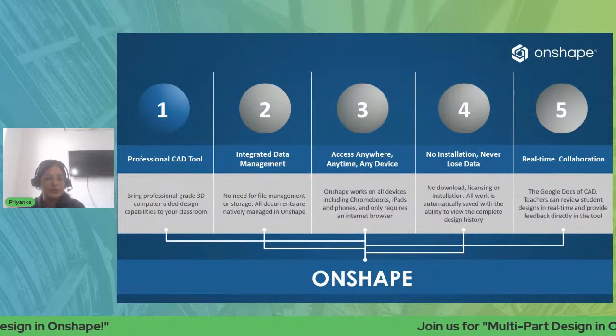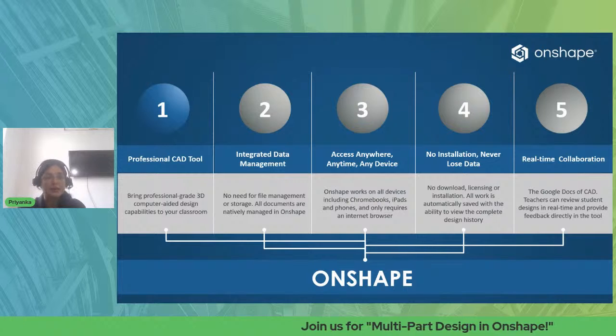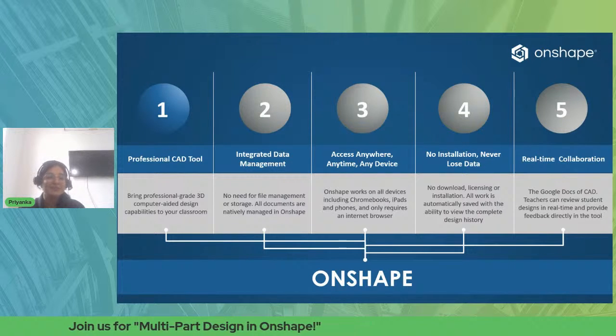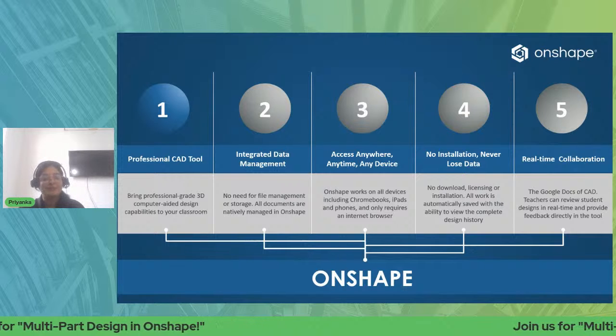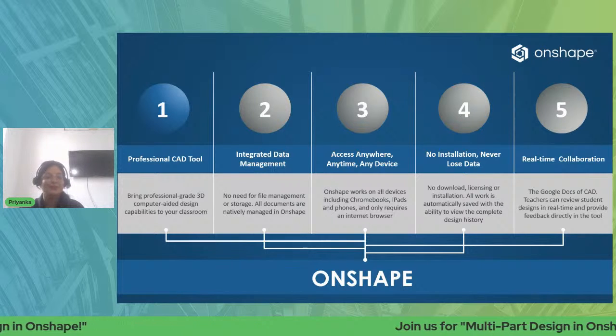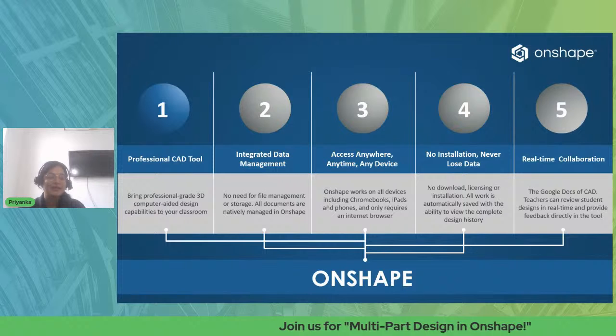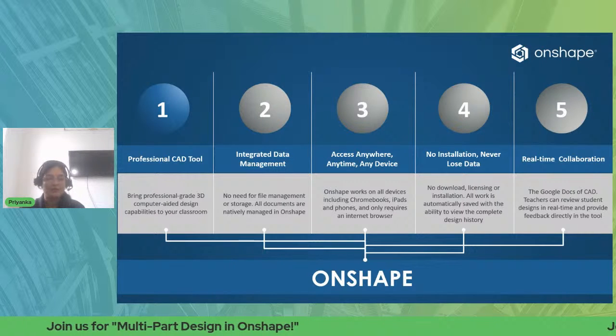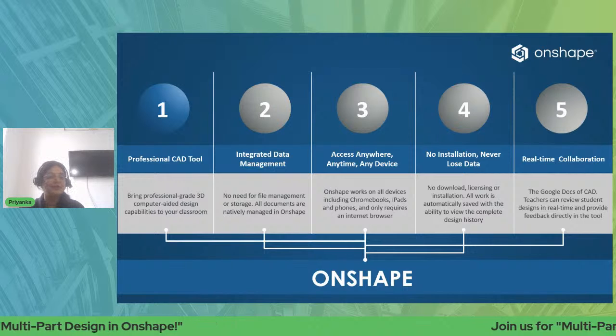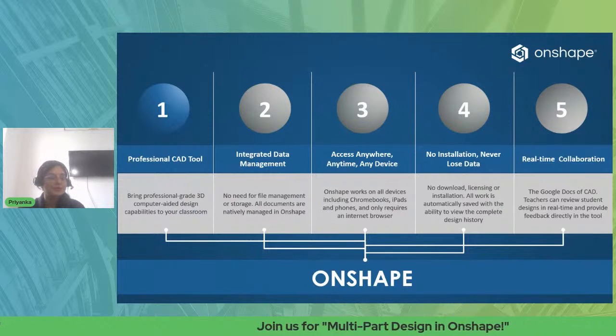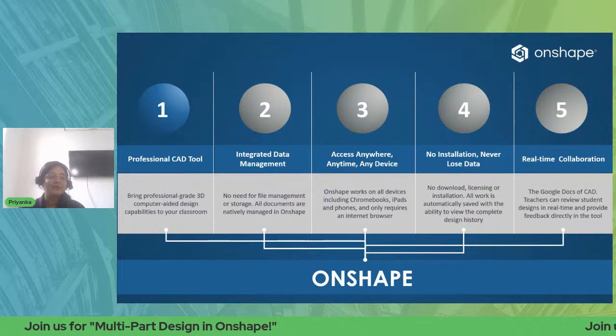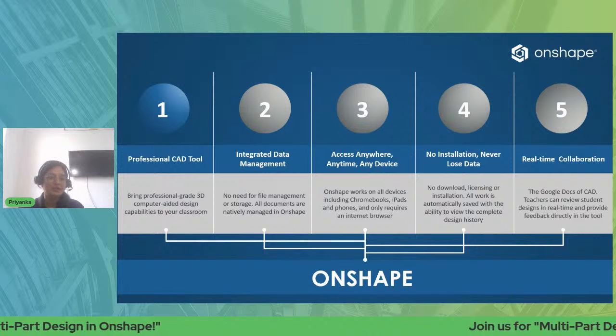So moving forward, I would like to start by showing you the top features of Onshape Plan. So first of all, it's a modern and professional 3D cloud-based tool. And at present, it is being used by thousands of companies, name it, any vertical: aerospace, mechanical design, agriculture, motorsport, etc. Secondly, it comes with data management built in, so you don't need a particular storage for your data.